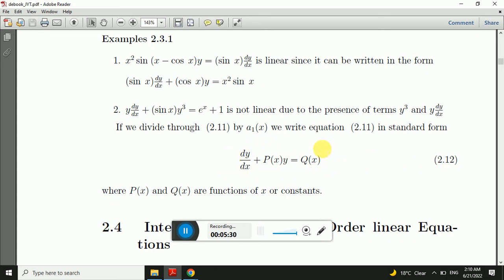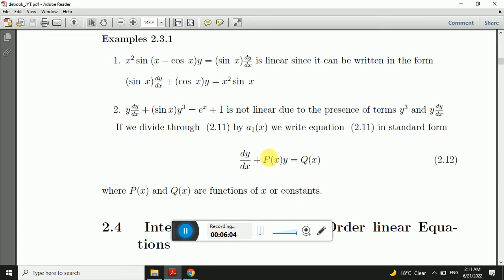So we just divide throughout the equation that we have in 2.11 by a1 of x, and then we say let a0 of x over a1 of x be p of x, and let b of x over a1 of x be q of x, where the p and q are either functions of x or constants.